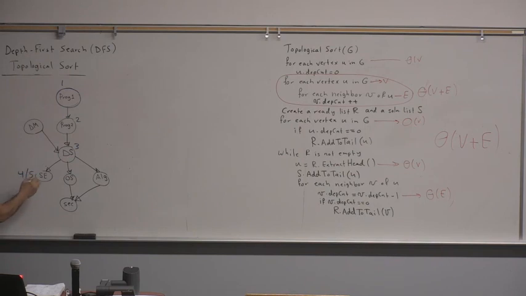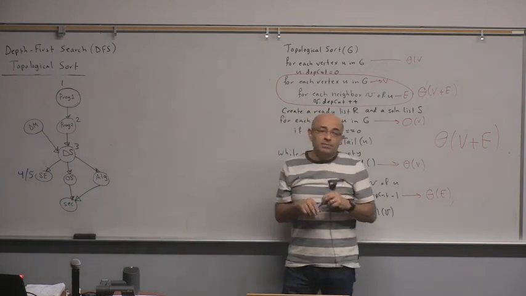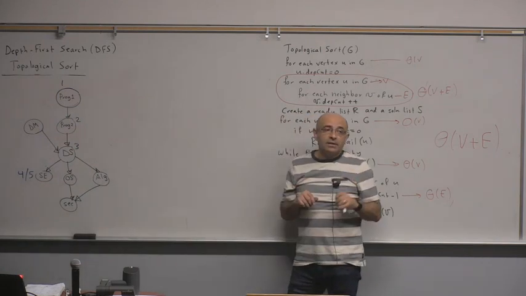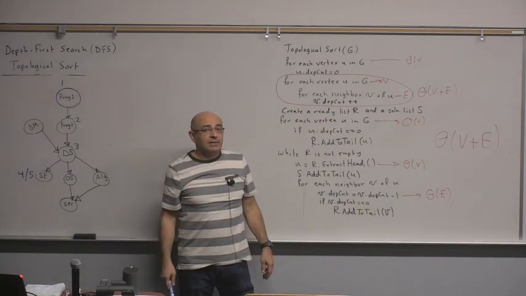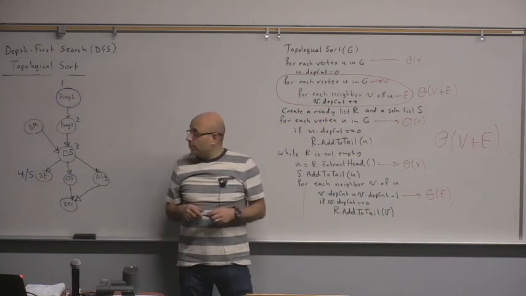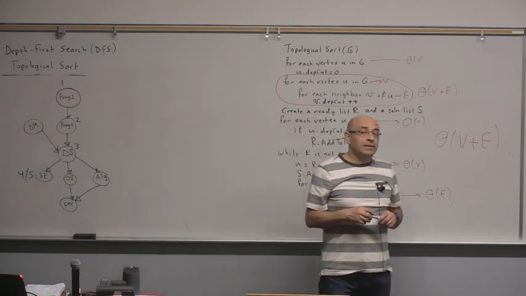So now this is 4/5. Now what does this tell us in terms of topological sort about this? Where can we put it in the order? Where can we safely put it and know that that order will not be incorrect? Where can we place it? At the very end. Why? Because nothing is dependent upon it. So if you put it at the very end, it's never going to affect anything.